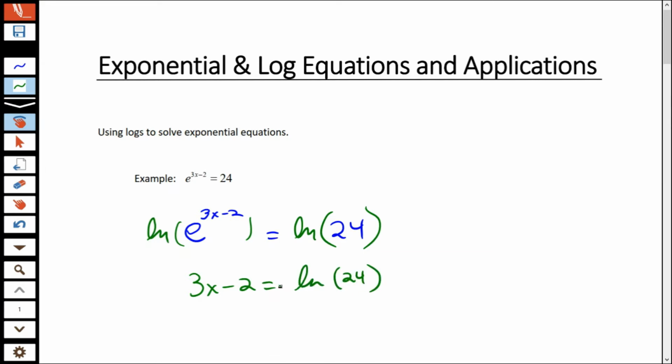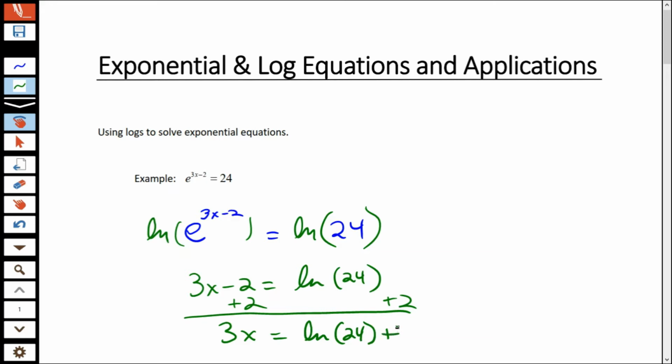Now, natural log of 24 is just like a simple decimal. You can plug it into a calculator, or we can solve it the way it is. We can add 2 to both sides, get 3x equals natural log of 24 plus 2, divide by 3, x equals natural log of 24 plus 2, all over 3.